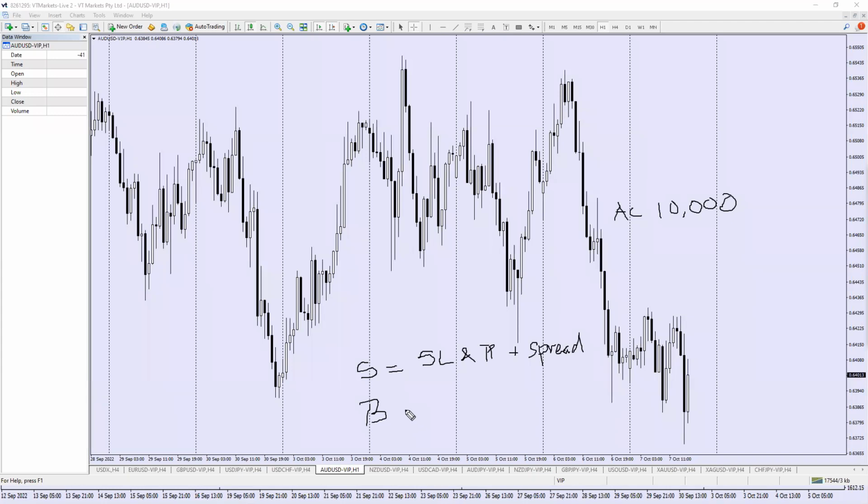Whenever you buy, you do not need to add spread to your stop loss and target. Okay, so far?